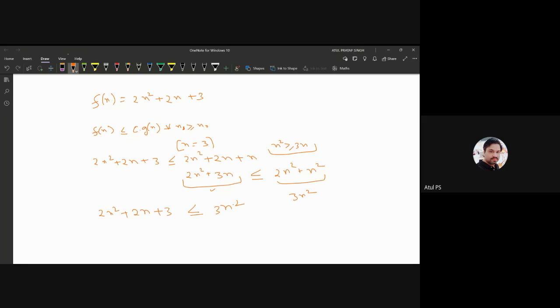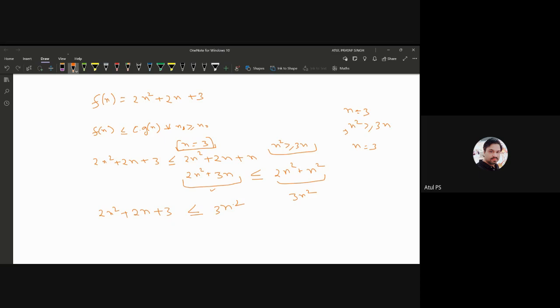We can calculate the value of n naught from these two conditions: the first is n equal to 3, and the second is n square greater than or equal to 3n. What common value satisfies both conditions? If we take n equal to 3, it also satisfies the second condition.